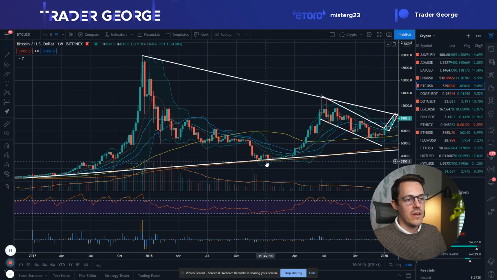And they just set their order at $3,000, let's say, just to keep it simple. So they will have their order sitting there, and they basically create a floor in the market. They create the support level.